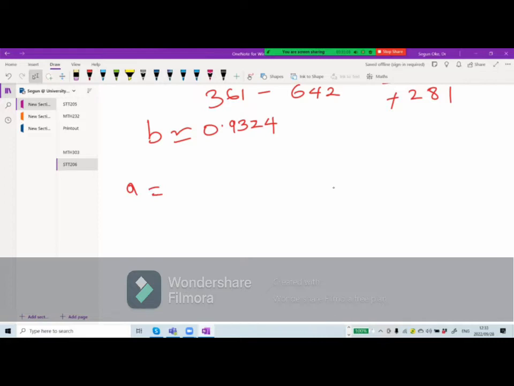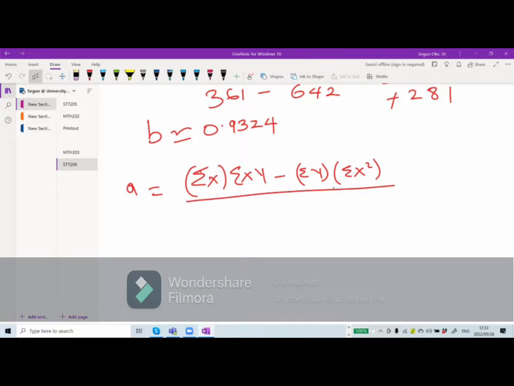The formula for A is what? Summation x multiplied by summation xy. Are you together now? Yes. So let's put it together now. So what do we have?